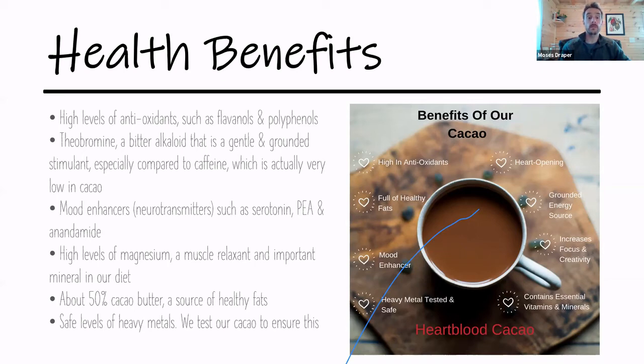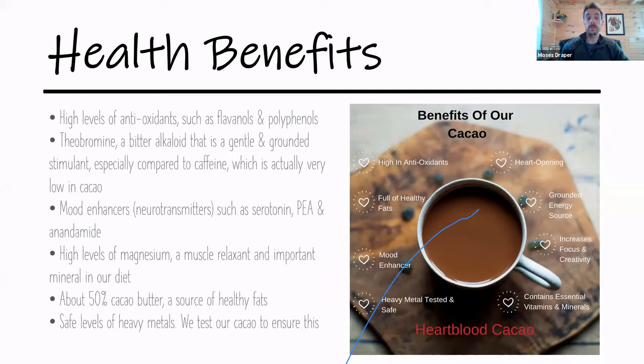Cacao also contains a bunch of different mood enhancers, which are also known as neurotransmitters: serotonin, PEA, and anandamide, all of which are in the class of feel-good compounds. And it's got high levels of magnesium, which is both a muscle relaxant and an important mineral in our diet.